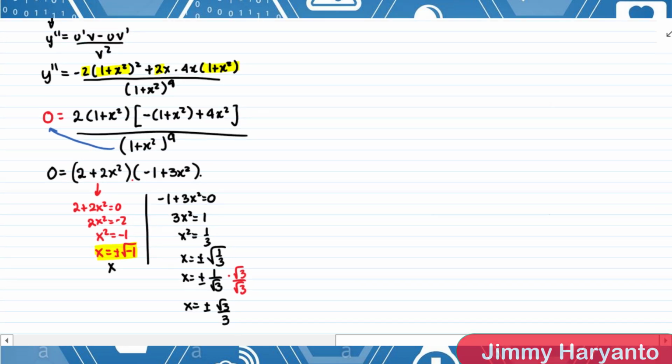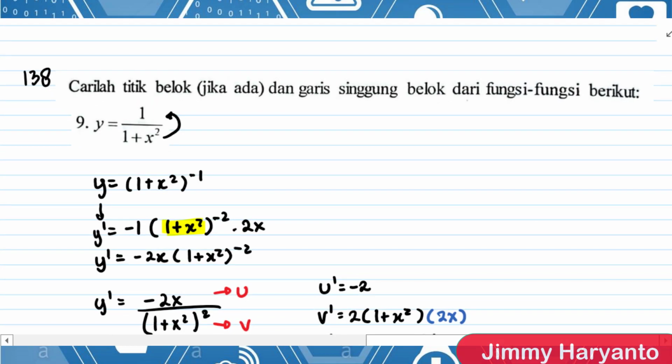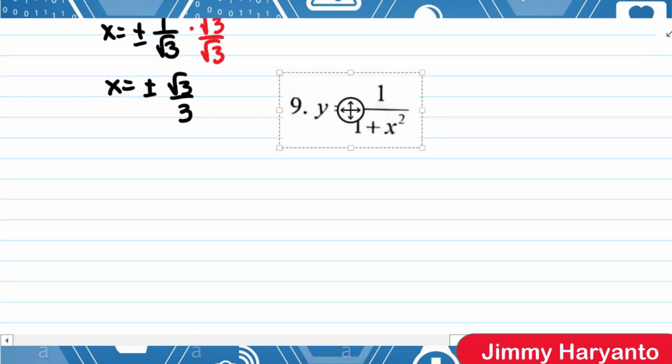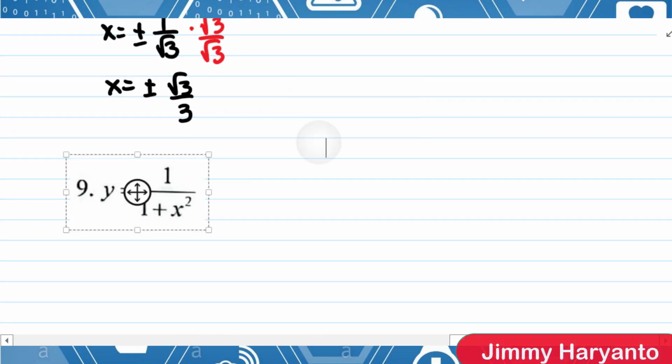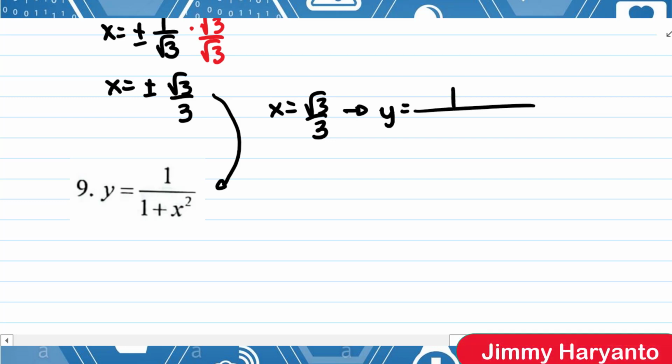And then next is to find the y. To find the y, you have to use the original function. So this one is the original function. I can substitute the x into the y. So when x equals square root of 3 over 3, the value of y will be 1 over 1 plus x squared.